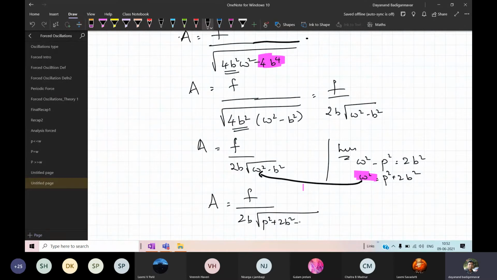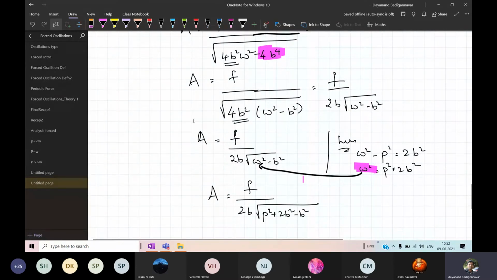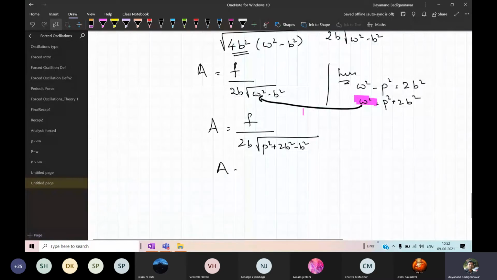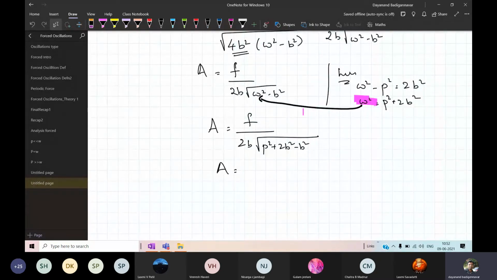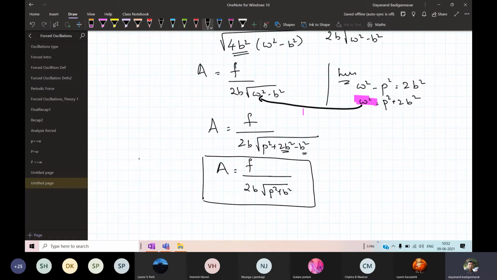So that will give you A equal to f divided by 2b into root of, now here b square minus b square get cancelled, so p square plus b square. This is the amplitude. So this is the maximum amplitude.